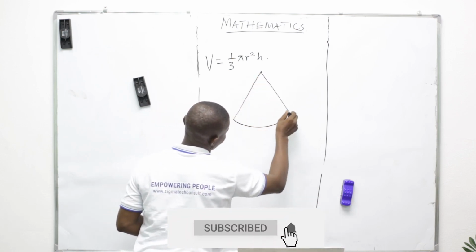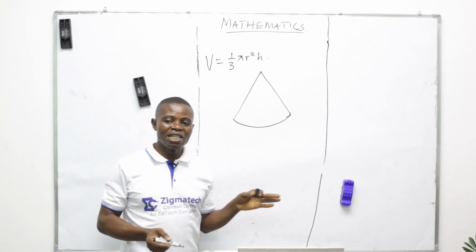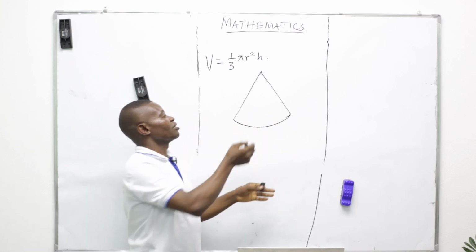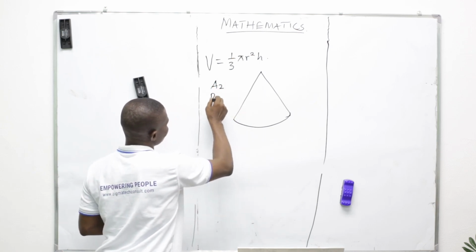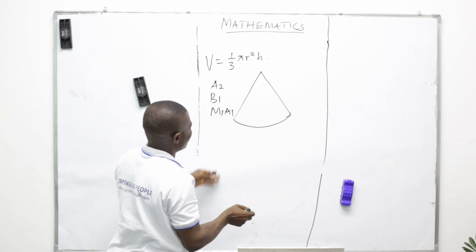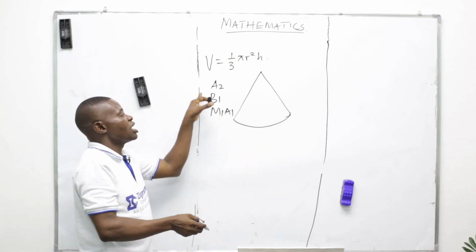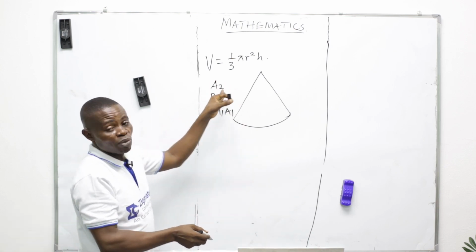because the marking scheme, when you draw, nobody is mandated to draw, but there's something they call A1, maybe, or A2, B1, M1, A1 in the marking scheme. That is where A represents the accurate answer, while B represents bonus mark.